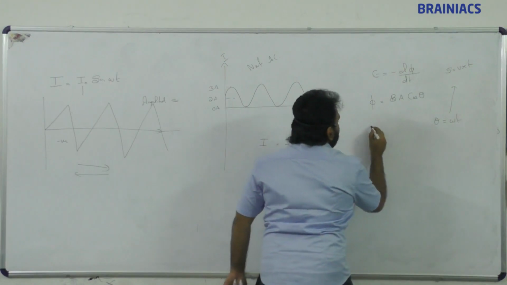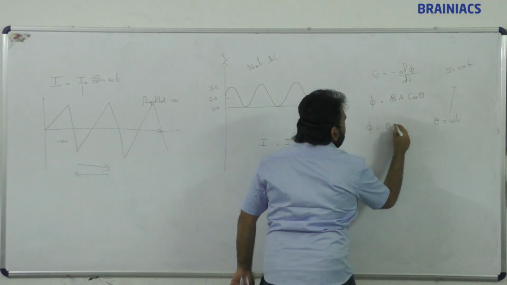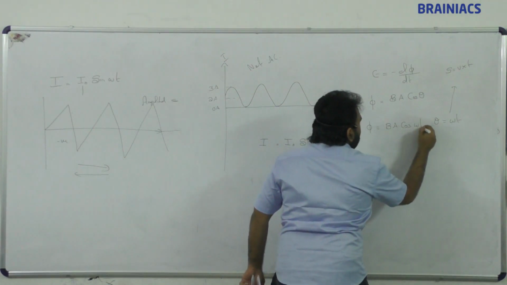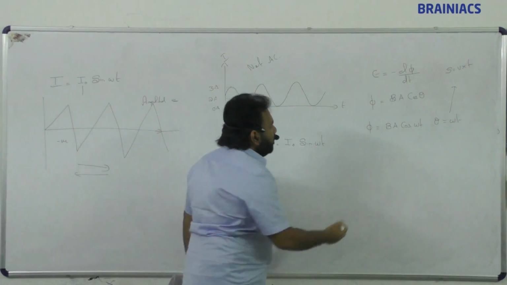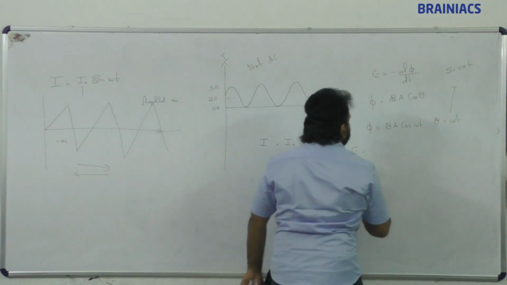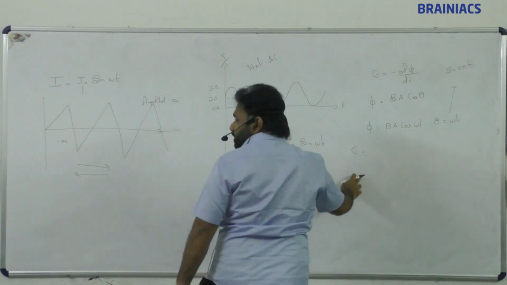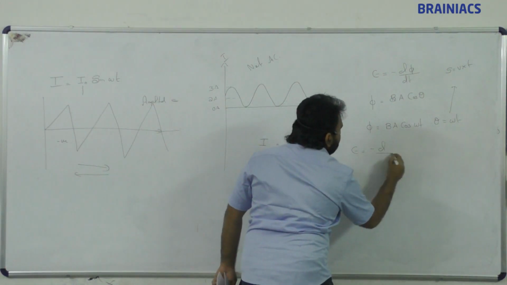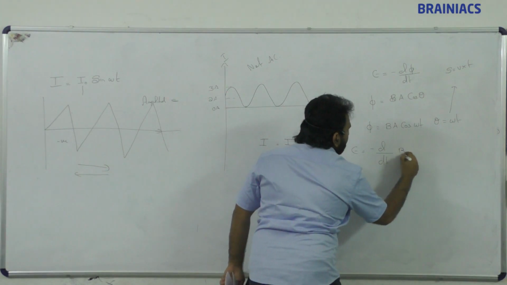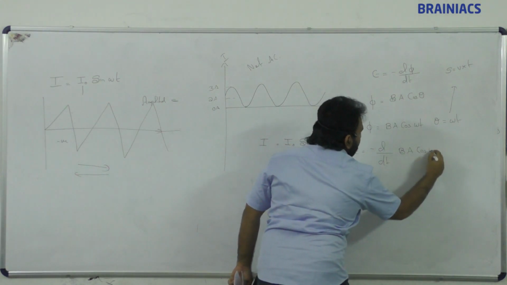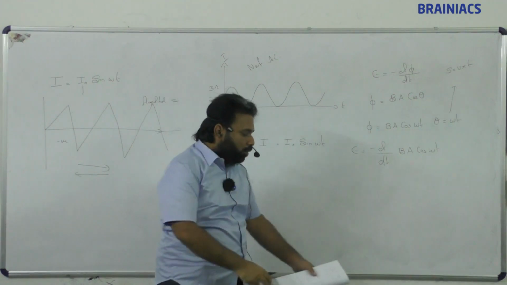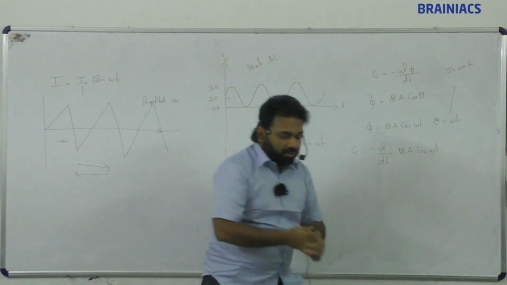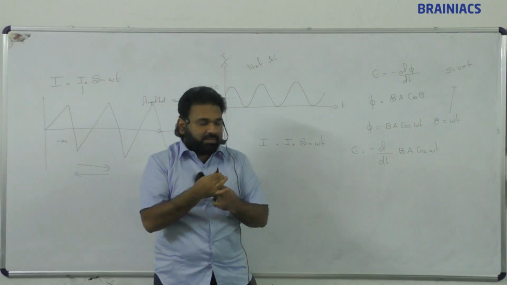So if we write phi = BA cos omega t, now E = minus d by dt of BA cos omega t. Now among them, which are constant and which is variable?